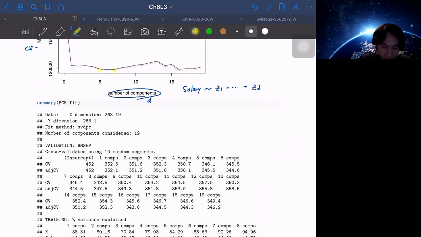if we see the summary of this regression, you can actually see how large the cross-validated error is. And we have two numbers, the cross-validation CV and the adjusted CV. The adjusted CV adjusts for the number of observations. So cross-validation uses smaller subsets, right?